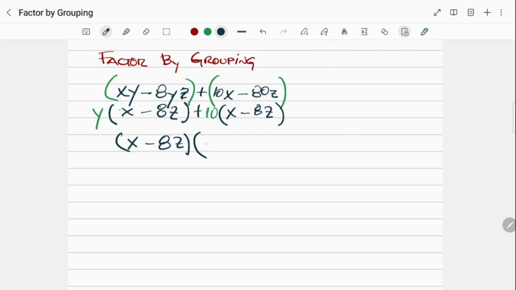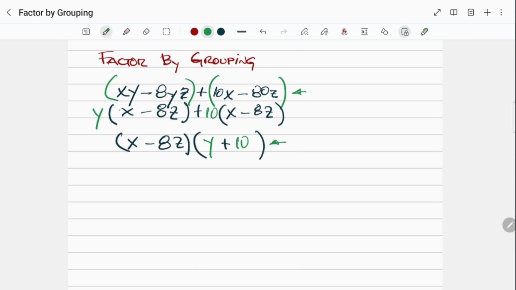Of the factor y plus 10. That y that we put outside, and 10. Ready? We transformed a polynomial of four terms into two factors.